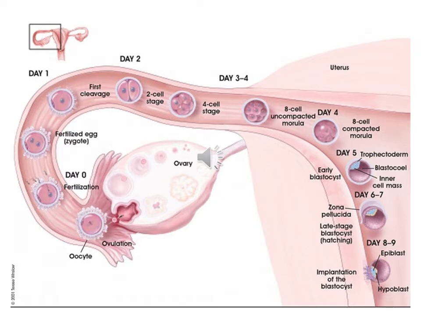Morula is a mulberry-like structure, an aggregation of 16 cells, rarely up to 32 cells. This mulberry-like structure enters the uterine cavity and floats there for the next 2 to 3 days.